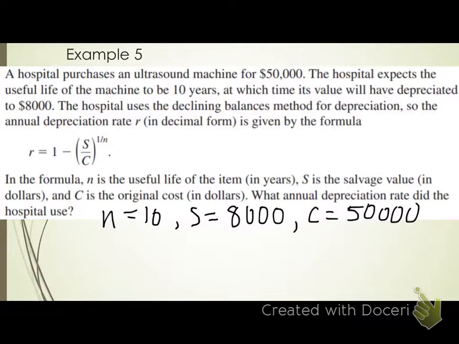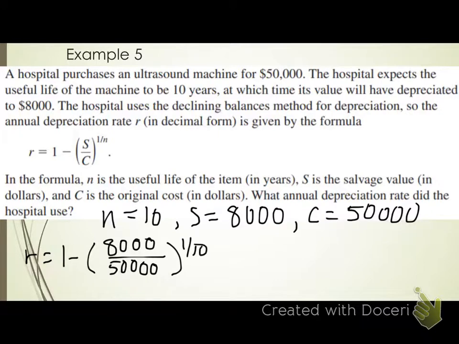I can just plug all these values into the formula it gives me and type it in my calculator. There's a few ways you could go about this. You could type it in your calculator just like this, or you could do it a little bit at a time. You could do what's inside the parentheses first, raise that to the 1/10 and then subtract that from 1. I tend to usually just type it in like it is, but you've got to be careful when you do that.